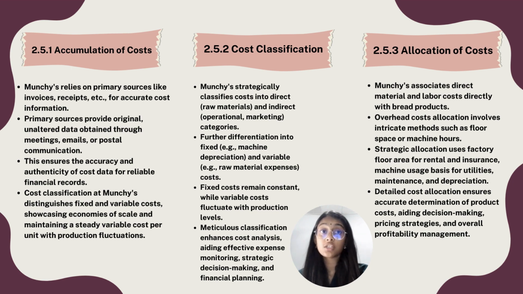Strategy allocation uses factory floor area and rental insurance, with machine usage as the basis for utilities, maintenance, and depreciation. The last point is that detailed cost allocation ensures accurate determination of product costs, aiding decision making, pricing strategy, and overall profitability management.